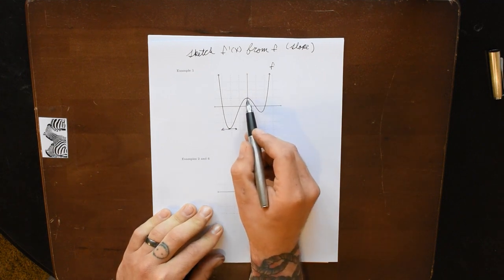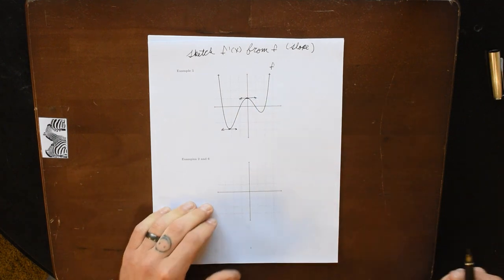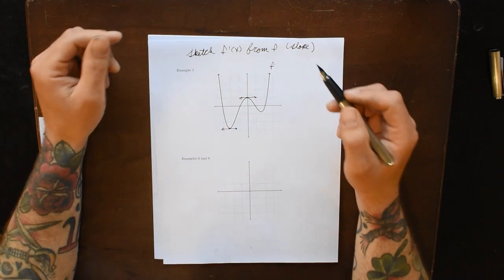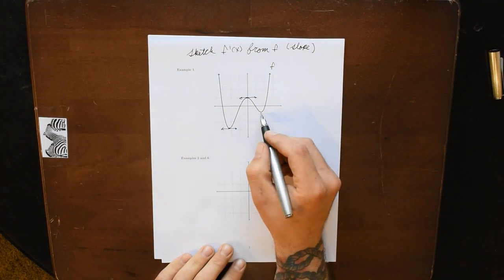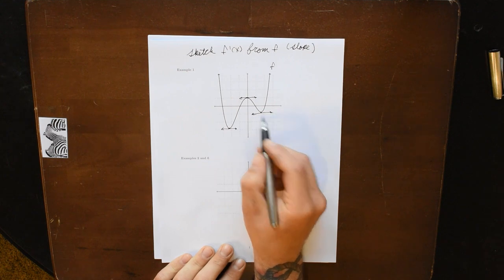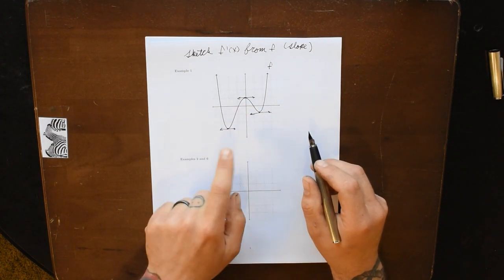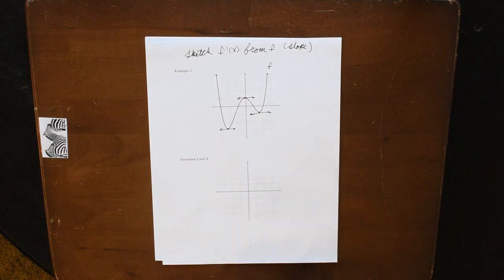Similarly, about right here, the tangent line is flat. Horizontal is a better way of saying that, I'm sorry. And at about this point, the tangent line is horizontal. Well, the slope of a horizontal line is 0. So that means at this point, and I'll do it in a different color, I hope it shows up as a different color for you guys.